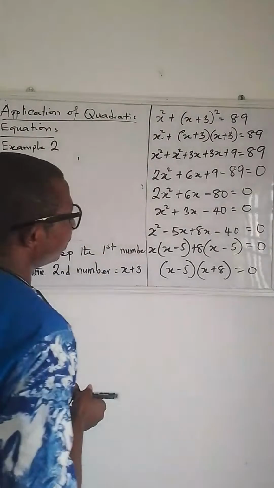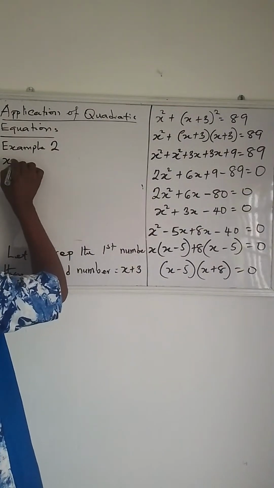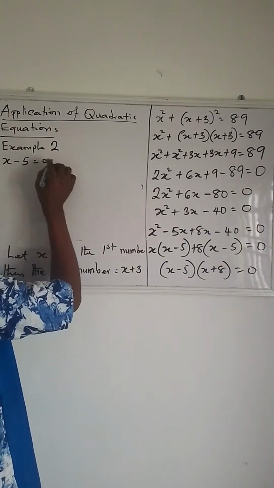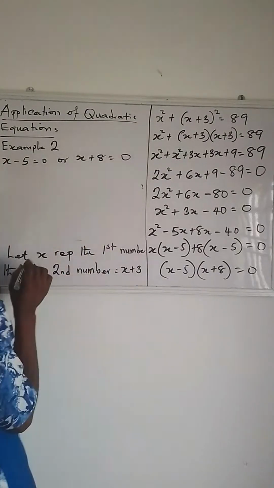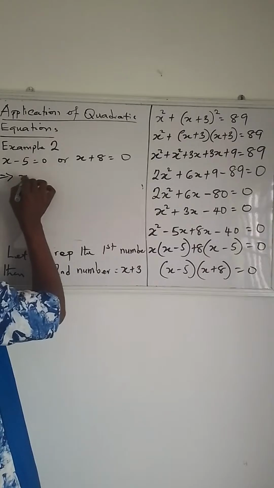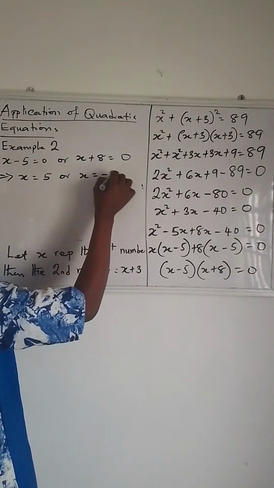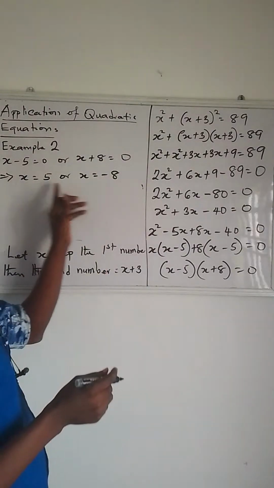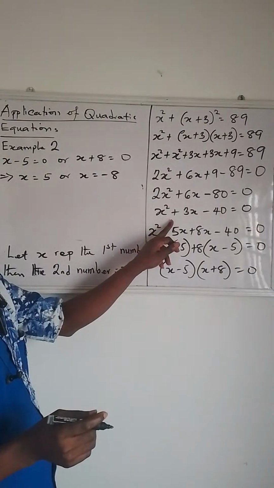The next thing is to equate this to 0. We have x minus 5 equals 0, or x plus 8 equals 0. So that implies that x equals 5 or x equals minus 8. So these are the roots of this quadratic equation here.